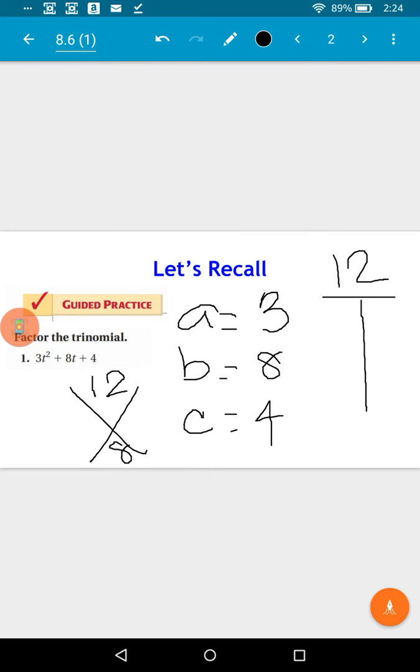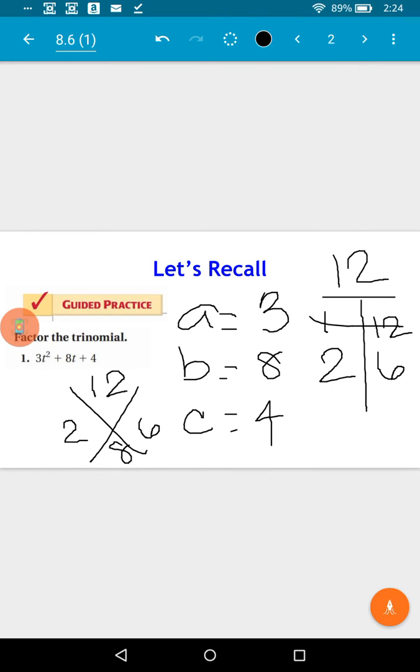So we need two numbers that when we multiply them we get 12, but when we add them we get 8. First one, 1 times 12. I know that product is positive 12, but when I add them I'm not going to get 8, so we can't use that. Next one is 2 times 6. That looks like it's going to work. 2 times 6 gives me positive 12, and 2 plus 6 is indeed 8. So I have 2 here and 6 here.